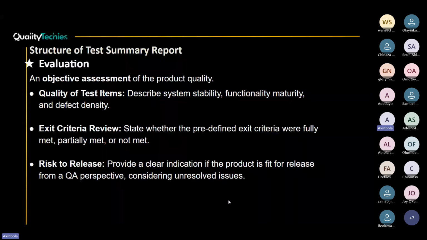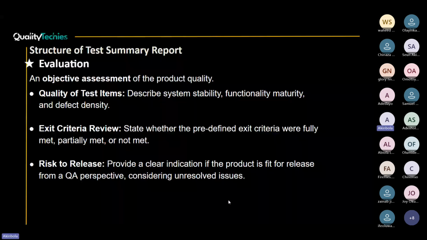So whatever bugs have not been resolved, you pack everything and put them in this report, and you state the risk the company or the organization will face if this is released to the end users out there based on the issues that you're having.